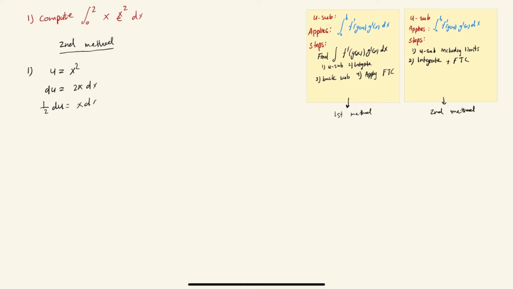It's going to be half du equal to x dx. Now I'm going to find the limits of the integral in terms of u. So the limits are 0 and 2. In terms of x equal to 0, u is 0. In terms of x equal to 2, u is going to be equal to 2 squared, which equals 4.